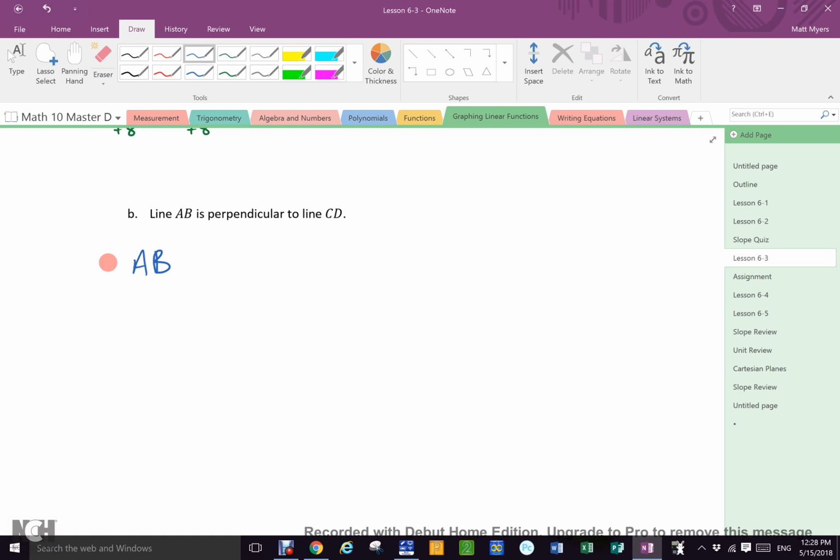The m of AB will have to be negative 4/5, correct? So AB is changed, negative 4/5.